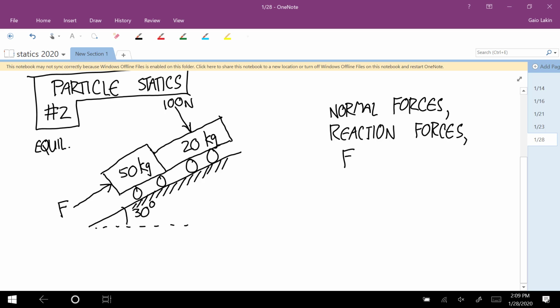And it turns out that you can do this problem with any two of those three possibilities. But you're going to have to do two free body diagrams and two sets of Newton's second law. Well, what I'm going to do is just isolate the two individual carts.